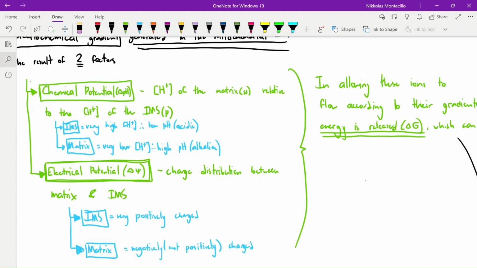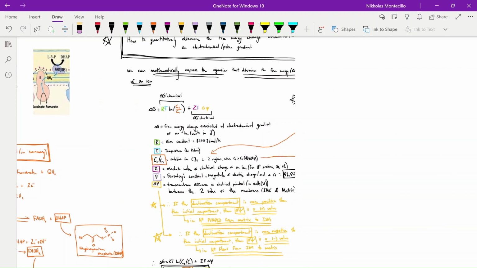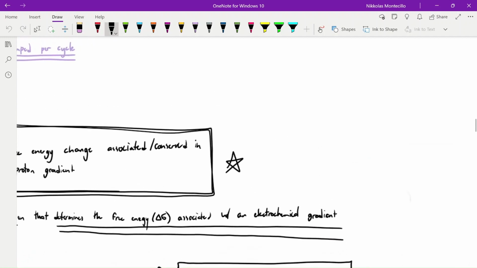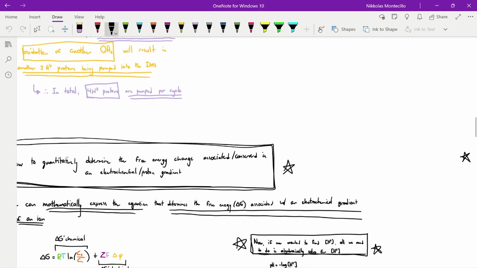So going back to explaining how we can quantitatively determine the free energy change associated or conserved in an electrochemical or proton gradient. Remember that the free energy is just an exact quantity of how much potential energy is associated with the system.